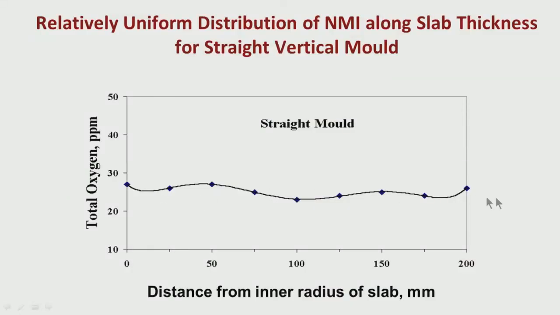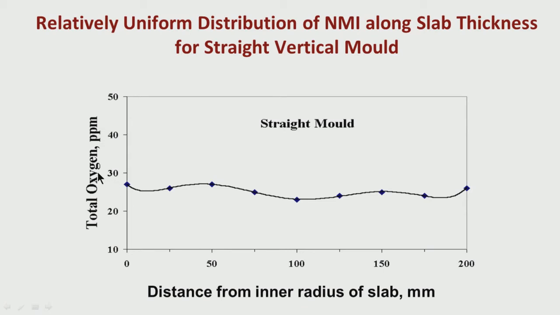So total oxygen measurement, nowadays, is being done to get an idea of oxide cleanliness in steel in the final product. In the slab, initially at the surface, then at every 25 millimeter distance from the surface, we have taken samples and analyzed total oxygen.